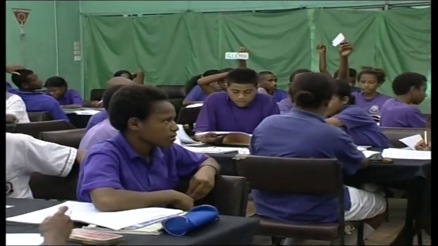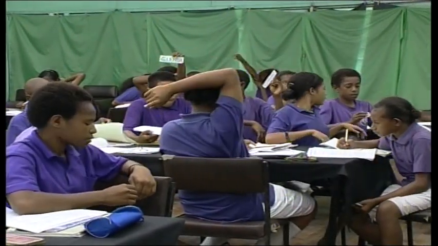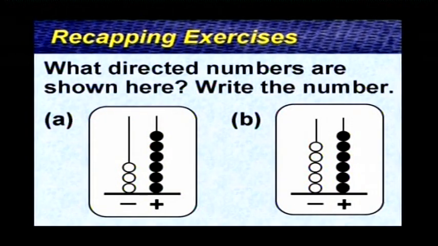What is your answer to the first activity? +3. +3, put your hand up, 7Es, if you've got +3. Okay, very good. To the receiving teacher, you can check your students also if they have their answer as +3. How about B?